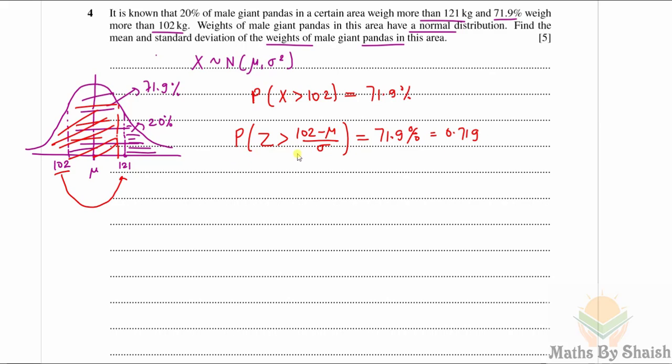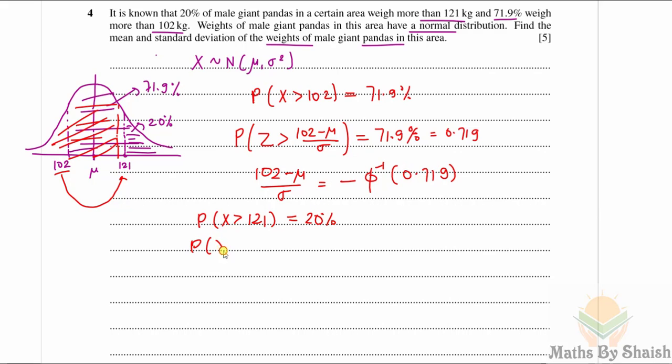So now we can see it is going to be a negative value because it is lying towards the left hand side of the mu. So if it is negative, we can simply write 102 minus mu over sigma as negative of phi inverse of 0.719.